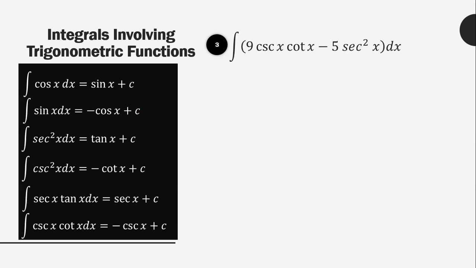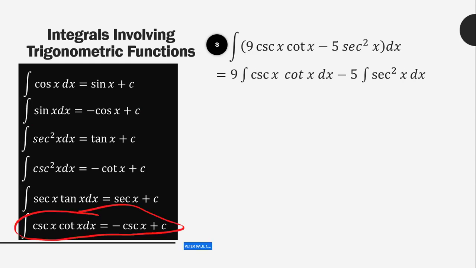Let's have number 3. The integral of 9 cosecant x cotangent x minus 5 secant squared x dx. So again, we apply the constant multiple theorem. We put 9 and negative 5 respectively before the integral sign. Next, we answer the first term. We apply this formula, cosecant x cotangent x, which is negative cosecant.